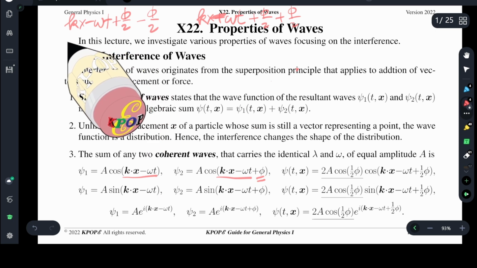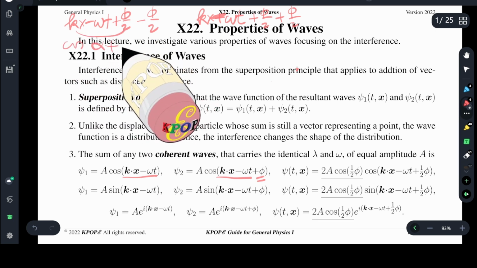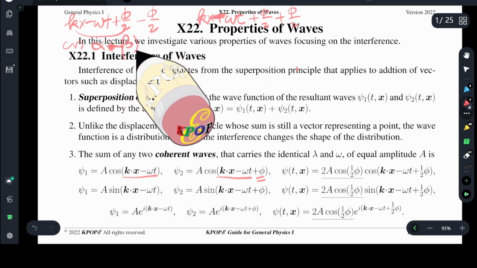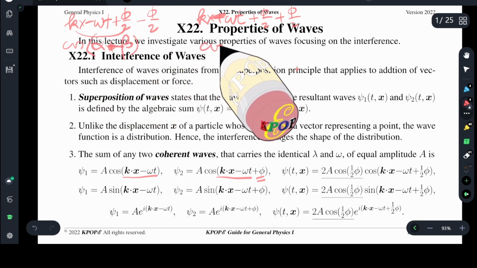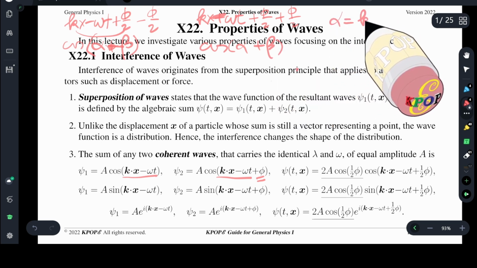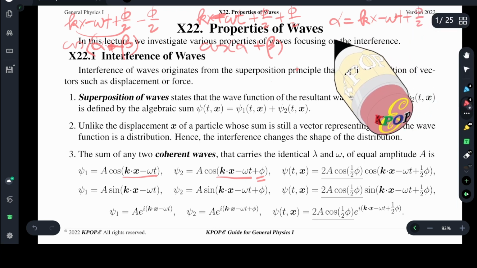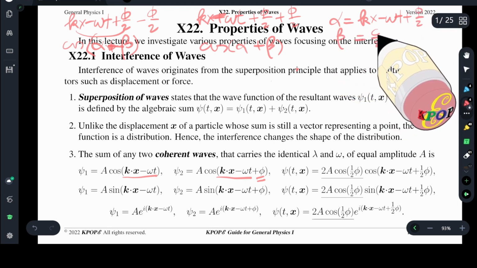So this cosine is cosine of alpha minus beta, and this is cosine of alpha plus beta, where alpha equals kx minus omega t plus one half phi, and beta equals one half phi.